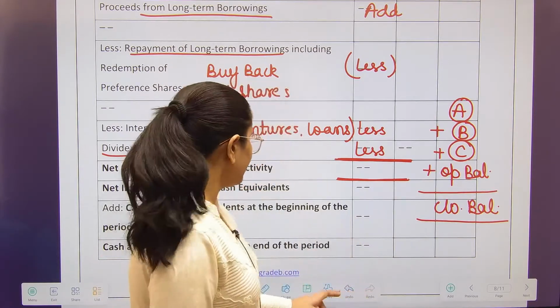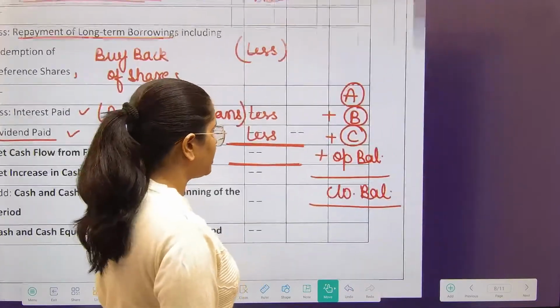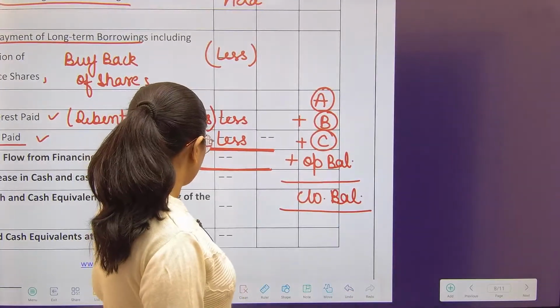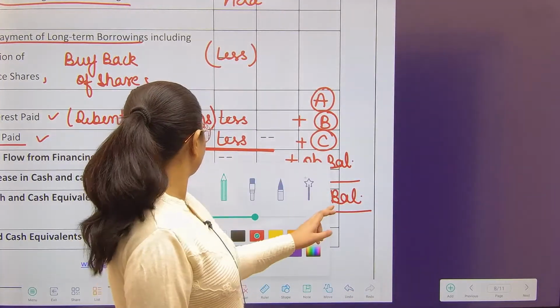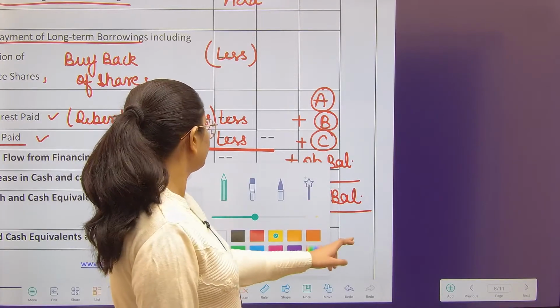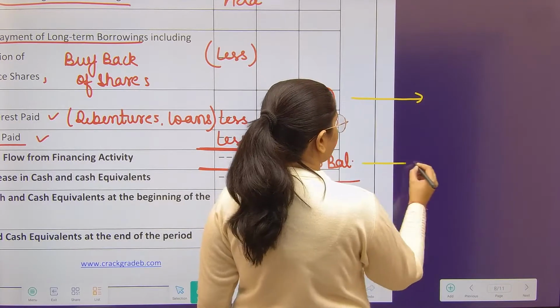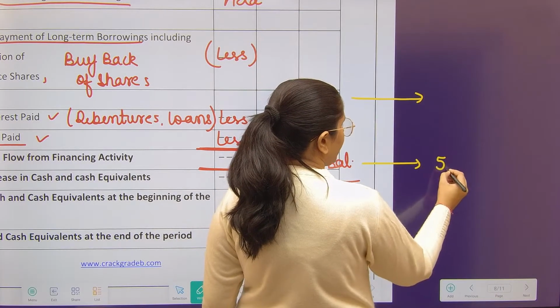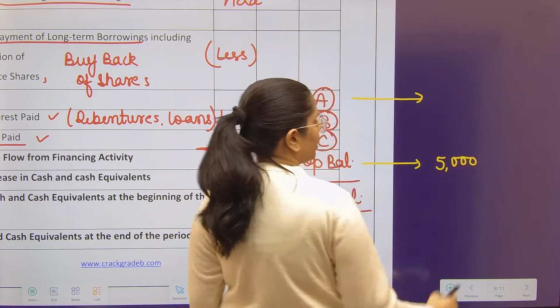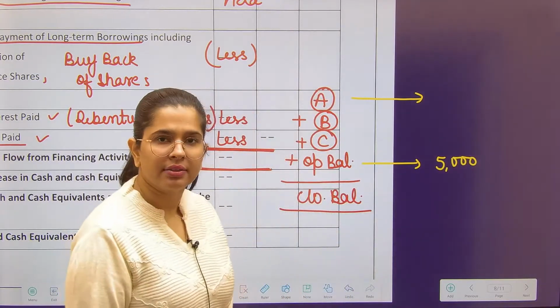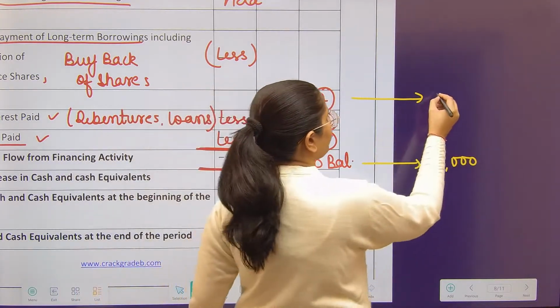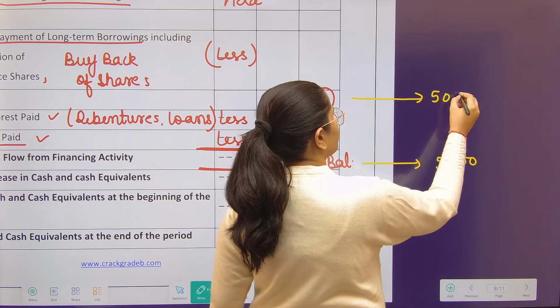Let's take an example over here, a very short and sweet example. Suppose I had 5,000 rupees in my pocket at the start of the year. My business gave me earnings of 50,000.